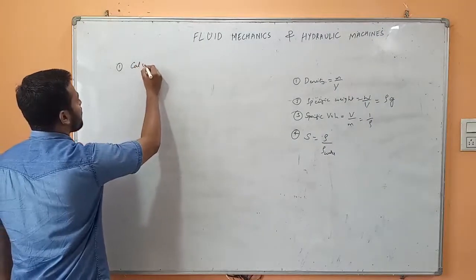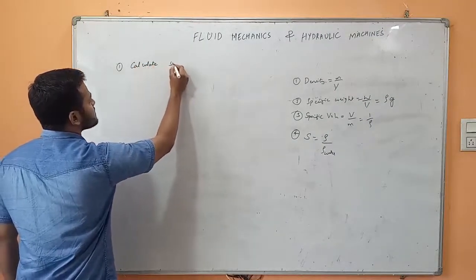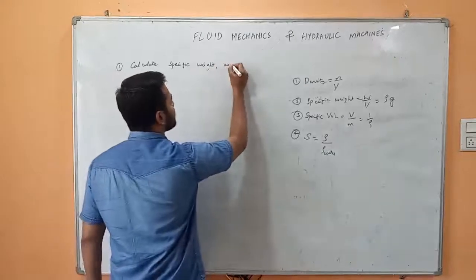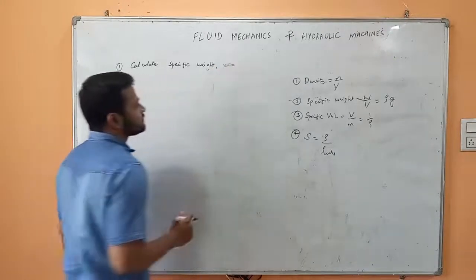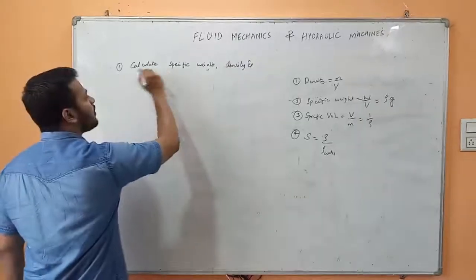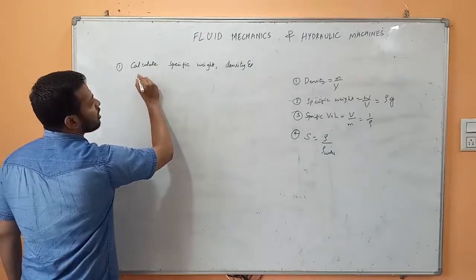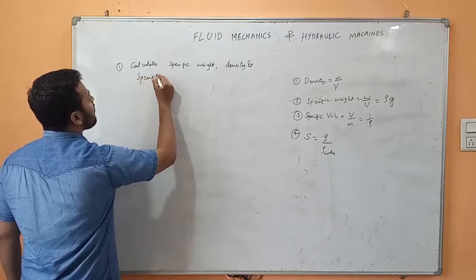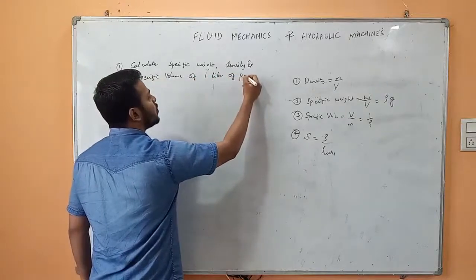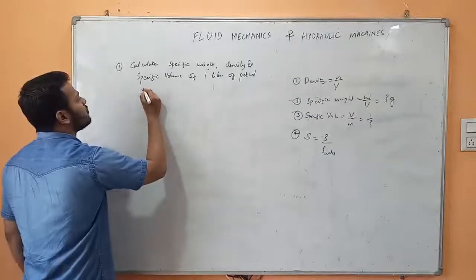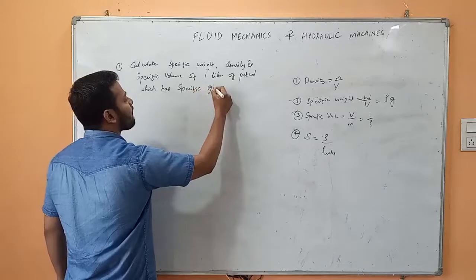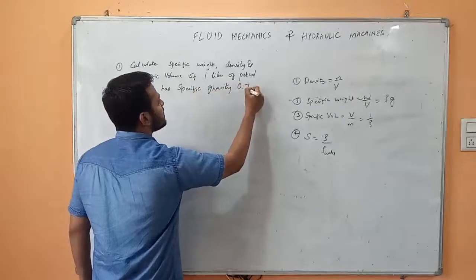Calculate specific weight, density and specific volume of 1 liter of petrol which has specific gravity 0.7.